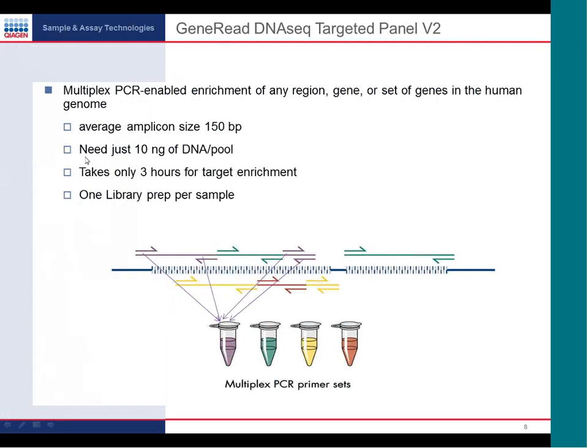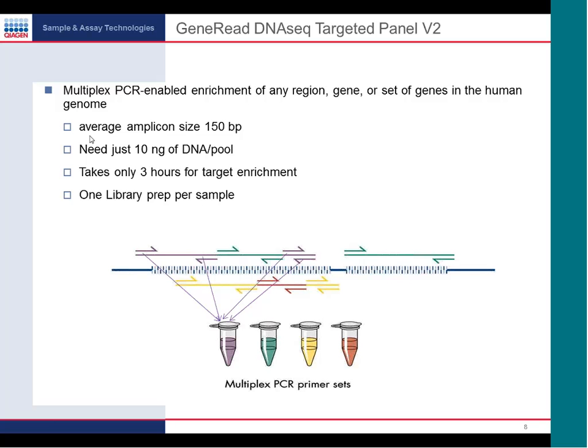In all these amplicons, the average size is around 150 base pair, which makes them very compatible with FFPE samples, liquid biopsy samples, or single cells. This target enrichment panel is compatible with all of them because of its unique small amplicon size.